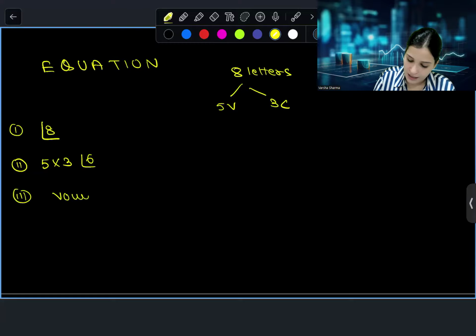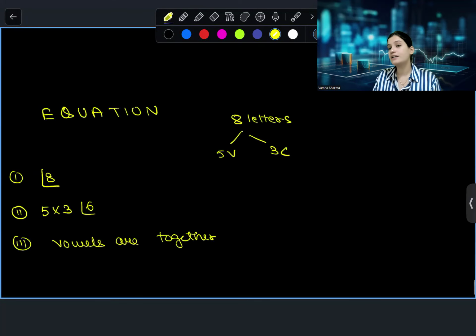Vowels are together. As soon as we hear the word together, form a bundle for whichever part you want to be together. I want the vowels to be together, form a bundle. So what I'll do is I'll consider the 3 consonants and this bundle. So in total, I have now 4 things. I have to arrange them.